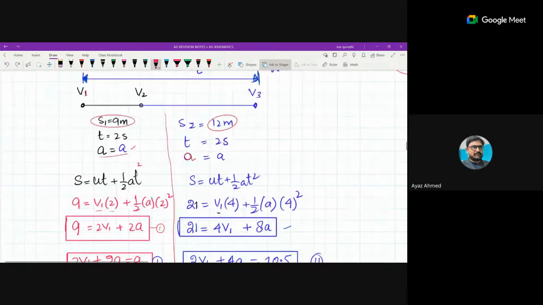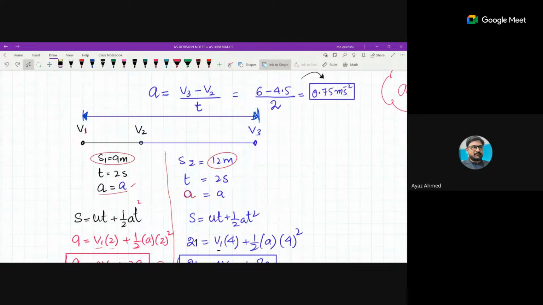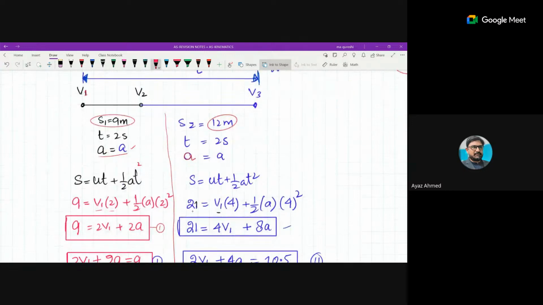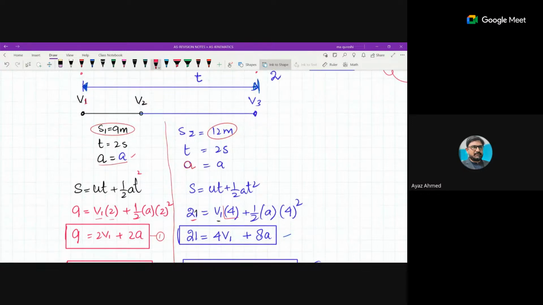Then for the second half, where the object has traveled 12 meters in the next 2 seconds and acceleration is again a. But what if I start right from here again, and I approach till this point? So s is equal to ut plus 1 by 2 at square is the equation. Now the total distance traveled in 4 seconds, the important thing, is how much? 21 meters.